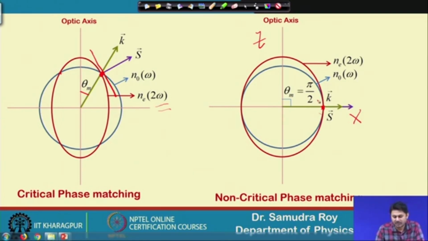This is a very important kind of phase matching, and normally there are a few crystals where, if we change the temperature, the extraordinary refractive index may change. By adjusting the temperature, without changing the ordinary index, it is possible to make this angle pi by 2. So, from critical phase matching we can go directly to the non-critical phase matching domain, and non-critical phase matching is much superior to critical phase matching.